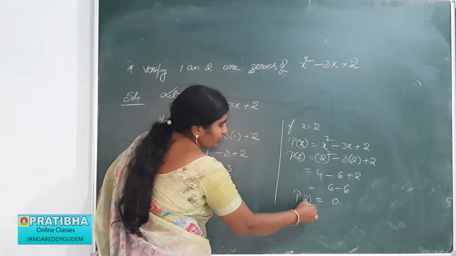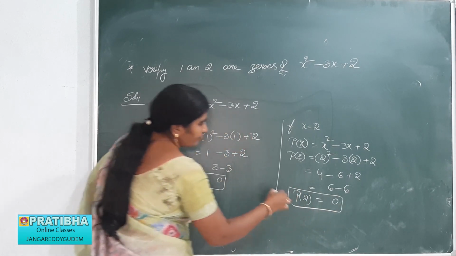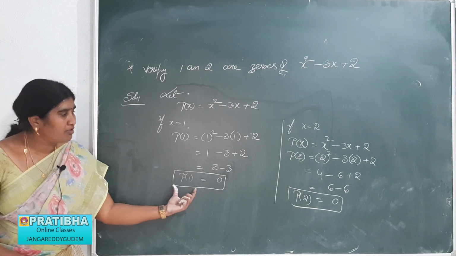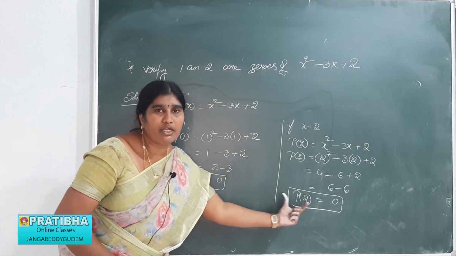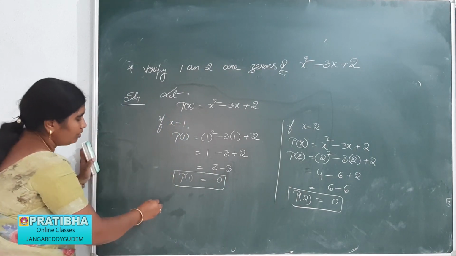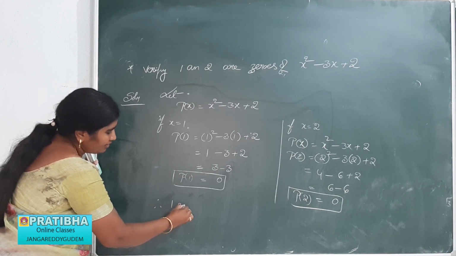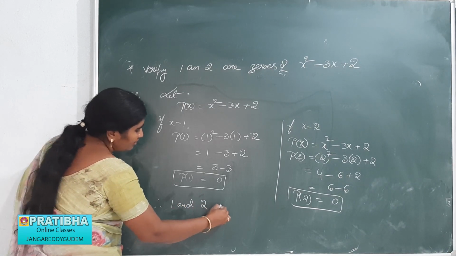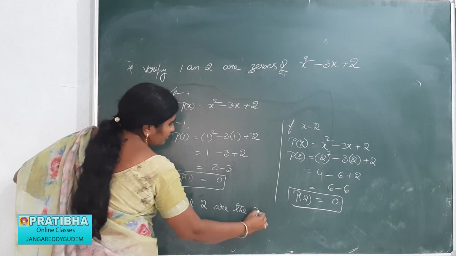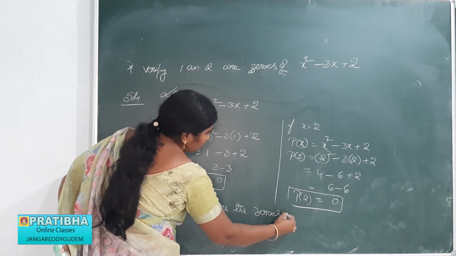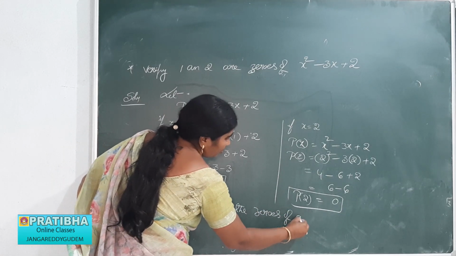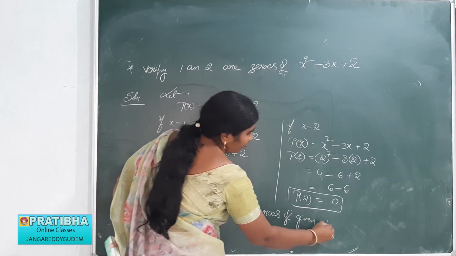P of 2 equal to 0. As p of 1 equal to 0 and p of 2 equal to 0, therefore, 1 and 2 are the zeros of the given polynomial.